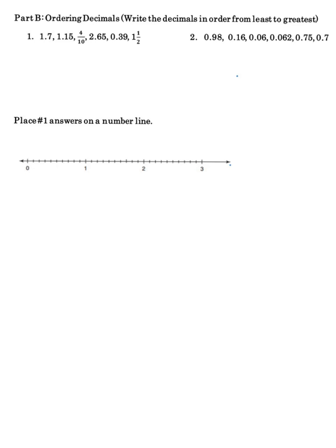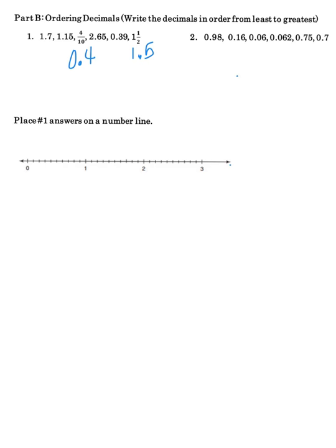I see that we have all decimals with the exception of 4/10 and 1 1/2, both of which can be easily written as decimals. So I'm going to start by rewriting 4/10 as 0 and 4/10, and 1 1/2 as 1 and 5/10.